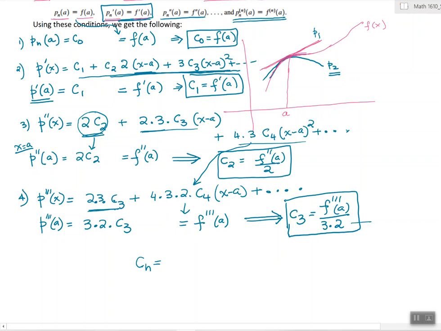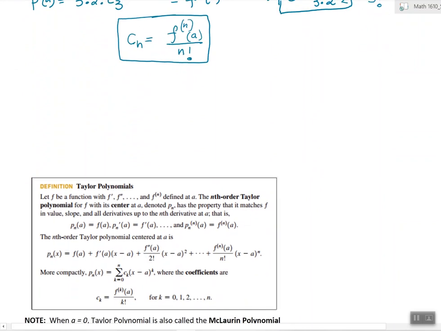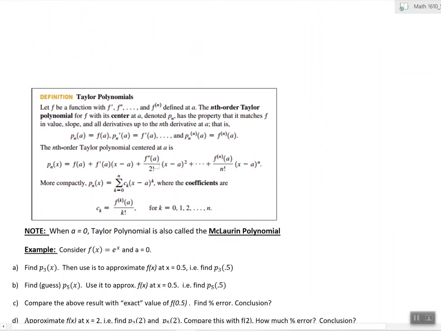Now notice 3 times 2 is 3 factorial. 2 is 2 factorial. So therefore cn would be the nth derivative of f at a divided by n factorial. Very nice pattern. So this thing is nicely written in this box.